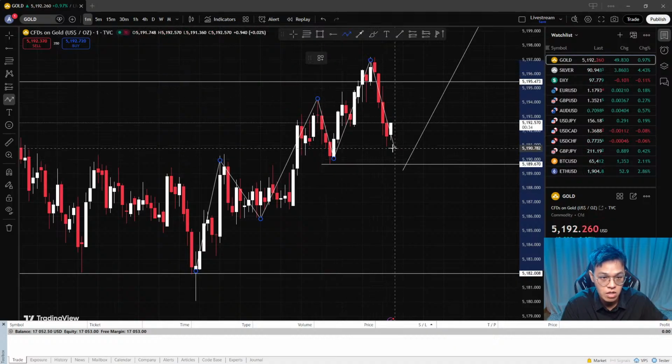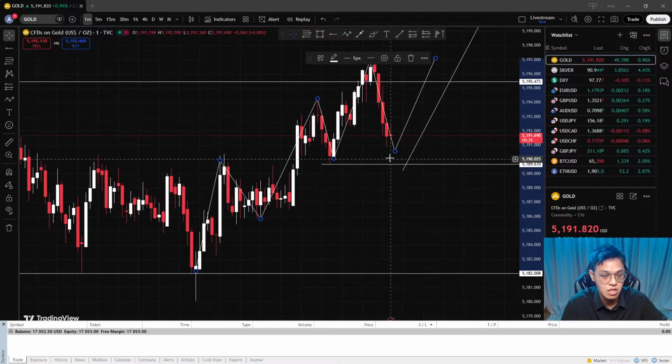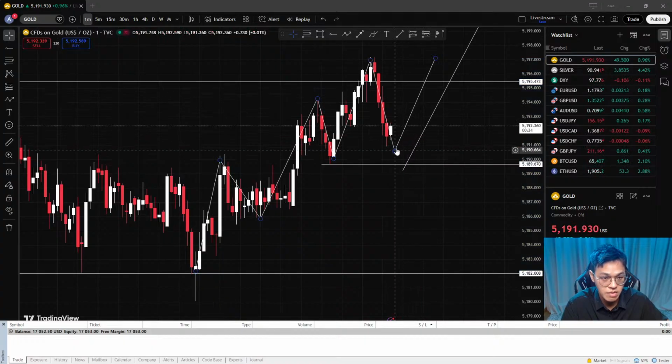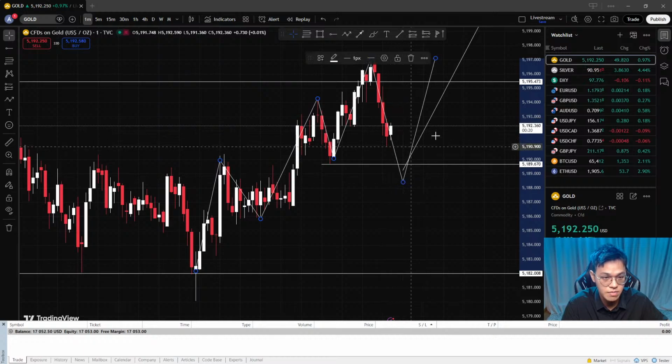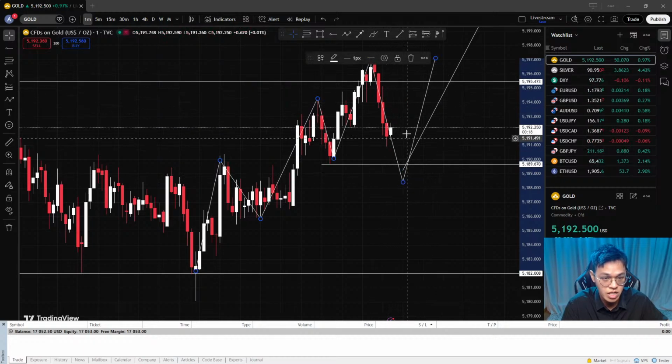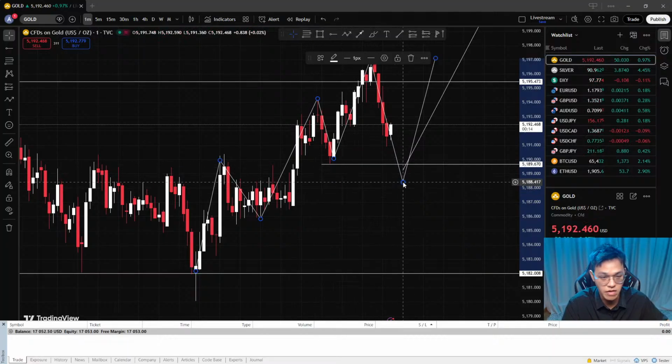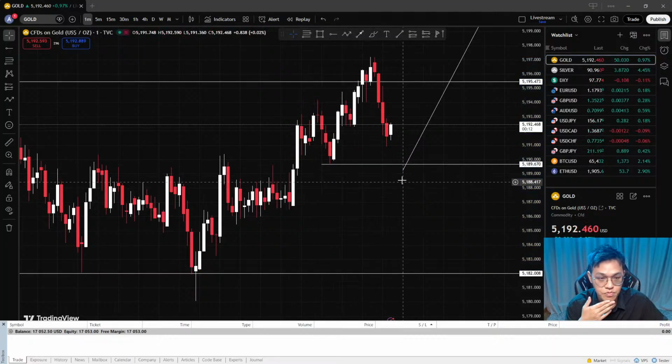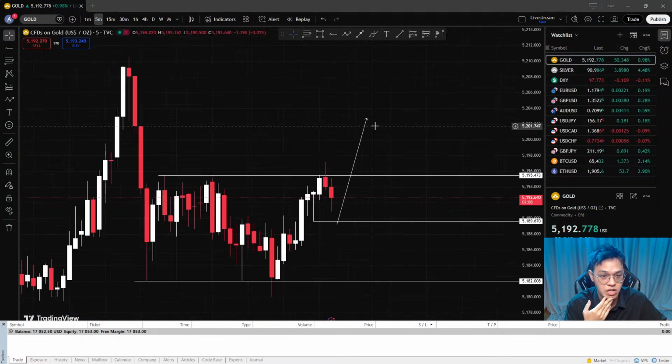As long as the price doesn't break this significant low or support level, I think the price would go up again. But now the price starts to retrace, and there is a probability it will challenge this support level. So there's a tricky part.